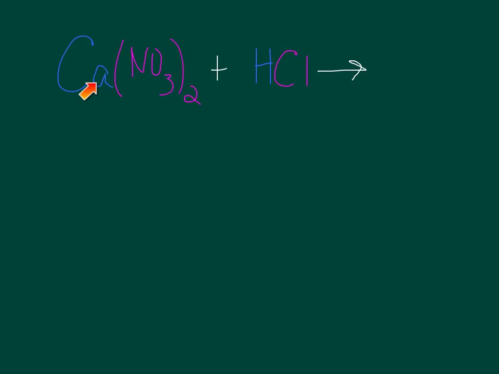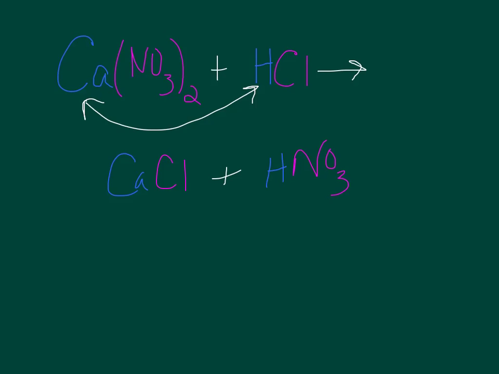Just like we've been doing with charges before, you can't have two positives and you can't have two negatives, so you have to have one of each. So these two are switching places. This is why it's double replacement, because you have two things that are switching. So calcium will end up with chloride, and hydrogen will end up with nitrate.